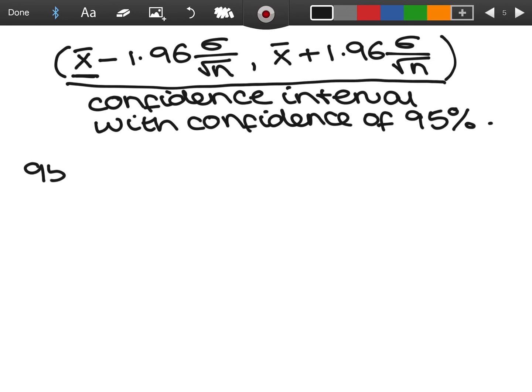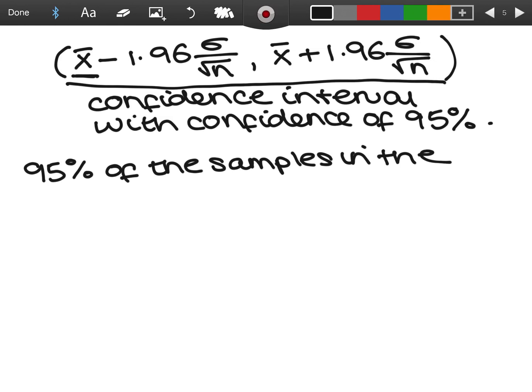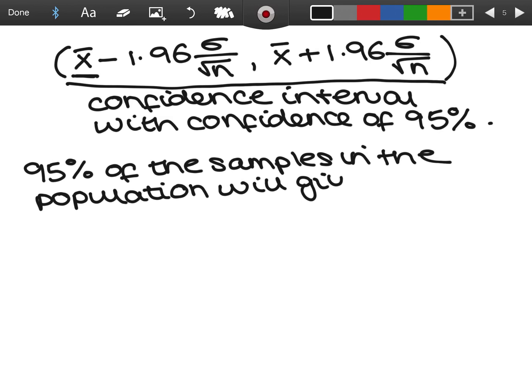So I'll write that out. 95% of the samples in the population, so you can take samples of whatever size n that you have, 95% of the samples in the population will give a sample mean x bar, so you'll get multiple x bars depending on what sample you pick.